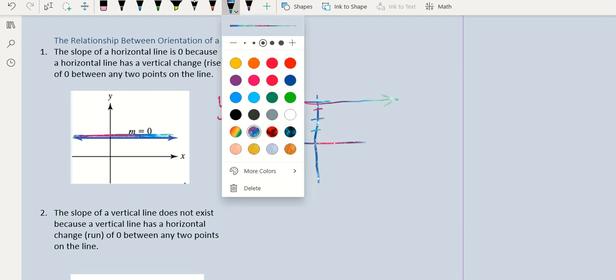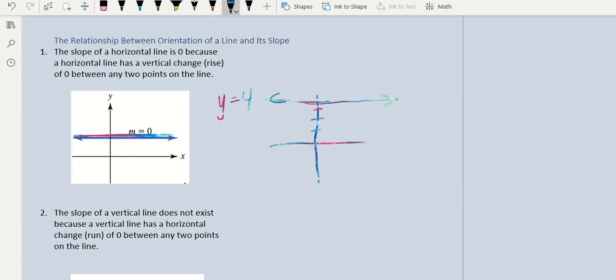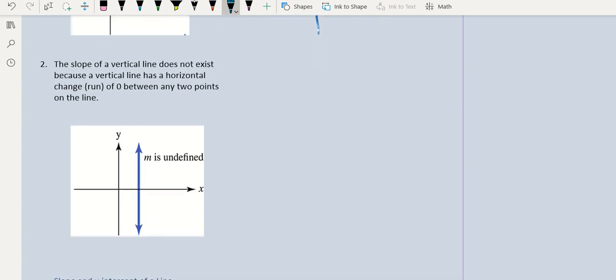Okay. My next thing is the vertical line. If I look at this vertical line, that means my slope is, again, undefined. It does not exist, meaning there is no rise.